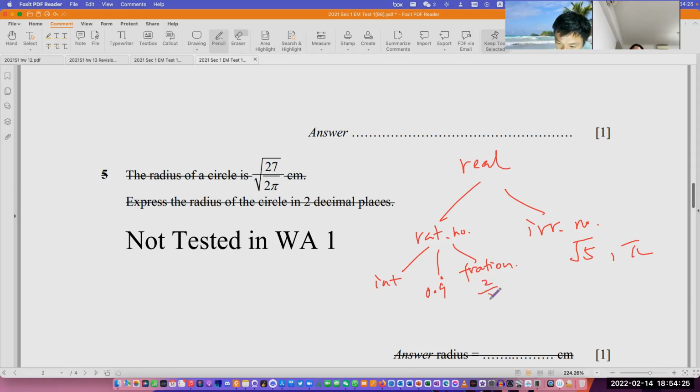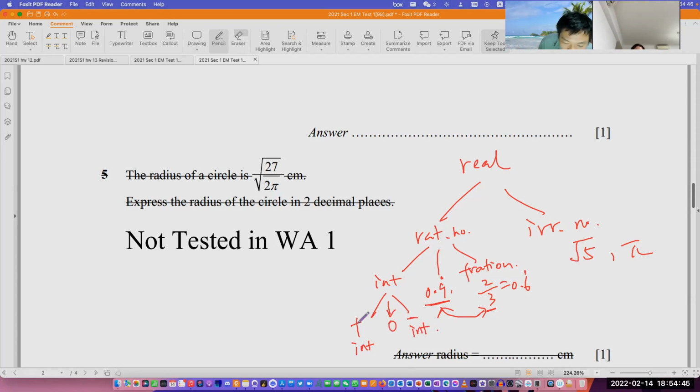So fraction is 2/3. By the way, 0.9 dot is similar to 0.6 dot. So that's how I judge 0.9 dot is rational.